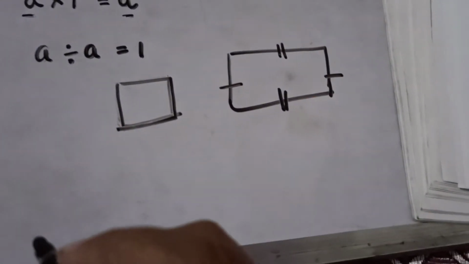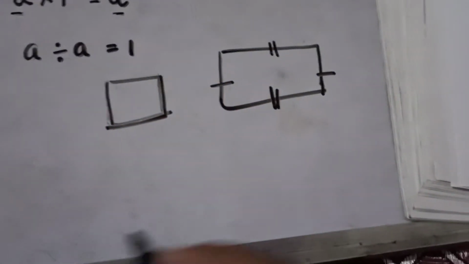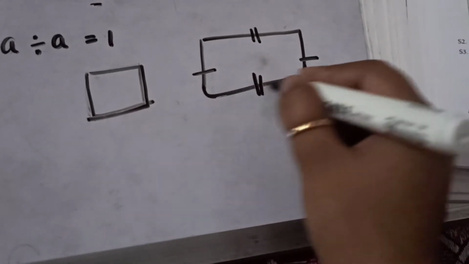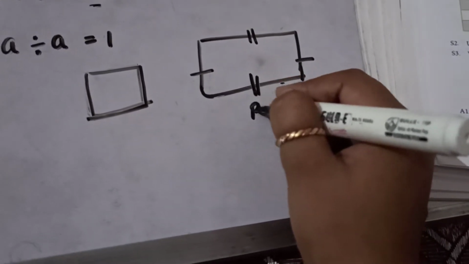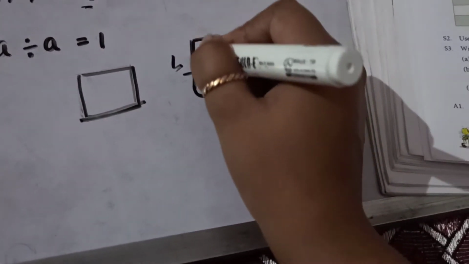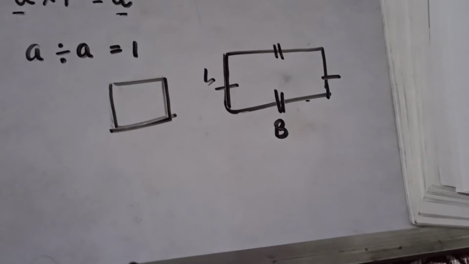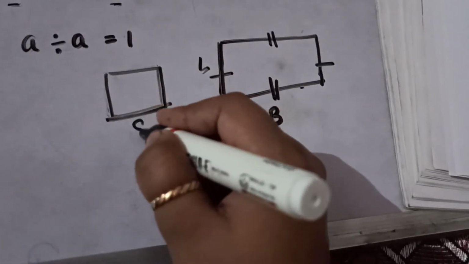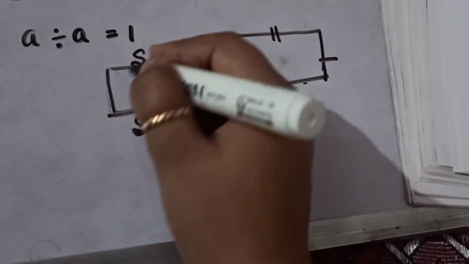In this all sides are equal, in this opposite sides are equal. This is the breadth, this one is the length. So in this all are equal, so you can write side, side, side, side.